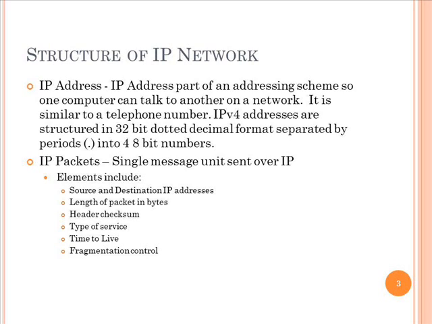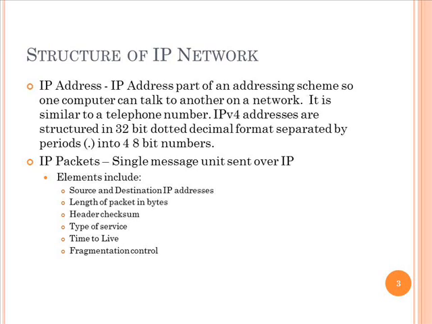Time to live is a counter that is decremented each time a packet is forwarded in an IP network. When the value hits 0, the packet is destroyed. What this does is prevent endless loops from running around the network. Then there's fragmentation control, and these are bits used when a packet needs to be split up to travel across a specific network segment.